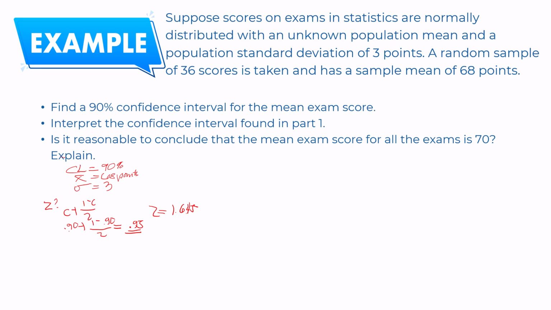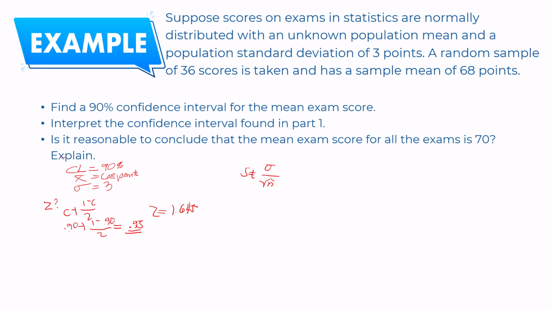Okay. So we'll now compute for the standard error. So the standard error is sigma over the square root of n. What's our population standard deviation?